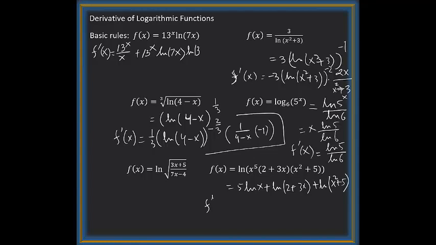Now when you take the derivative, f prime x, 5 is a constant, natural log of x will give you 1 over x, so 5 over x. So now this one is giving you 1 over 2 plus 3x, and the derivative of inside will give you a 3, plus you get 1 over x squared plus 5, and the derivative inside will give you 2x. So we are completely done with derivatives of logarithmic functions.